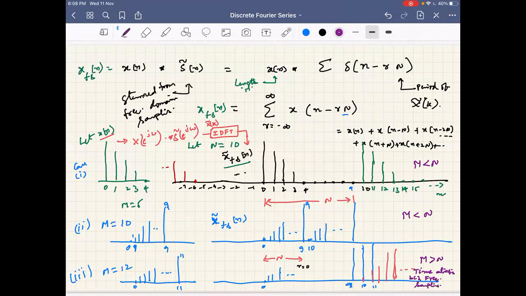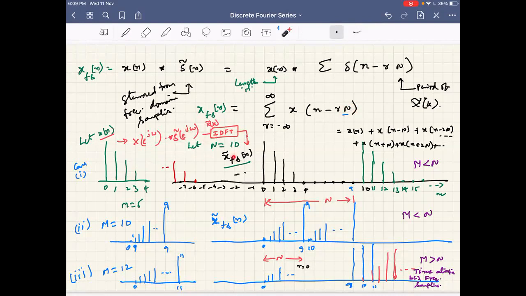So frequency domain sampling is happening in each of the cases, because we are multiplying with an impulse train in the frequency domain. However, you can see that the time aliasing happens in case the number of samples of the sequence is higher than the number of samples that we take in the frequency domain.